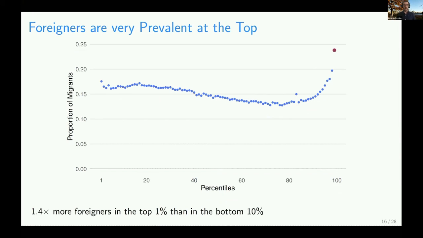And you immediately see that almost a quarter of individuals in the very top percentile of the income distribution are migrants. And in particular, there are 1.4 times more migrants in the top 1% than in the bottom 10% of the distribution.